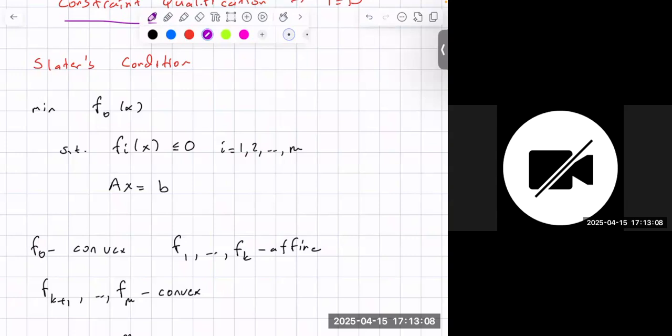Some of these inequality constraints would be linear, like affine means linear plus a number. Those linear ones could be whatever they want. They don't have to be convex. They're just linear. And then the ones here that are not linear should be convex. So the objective is convex and the constraints are either linear or convex.